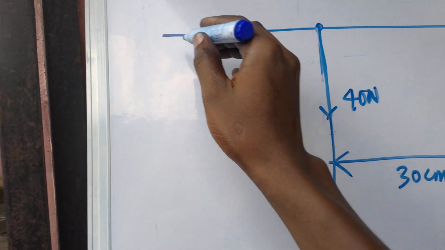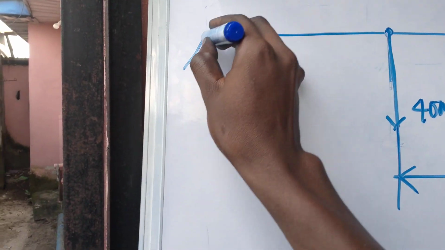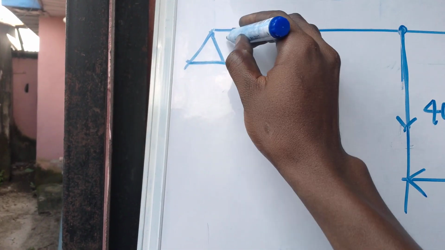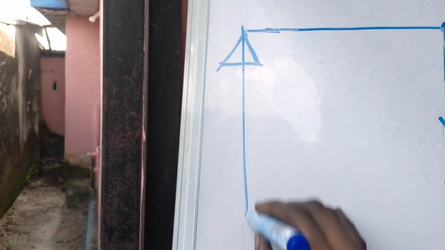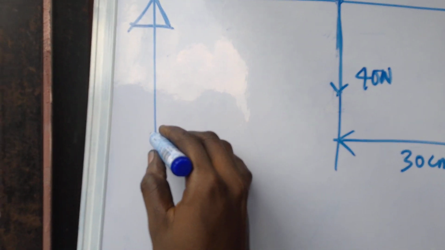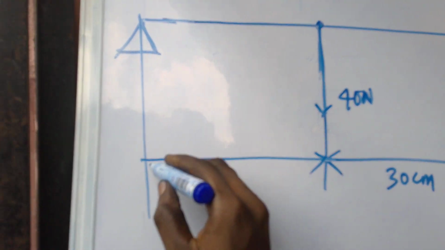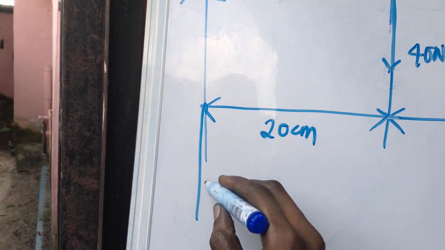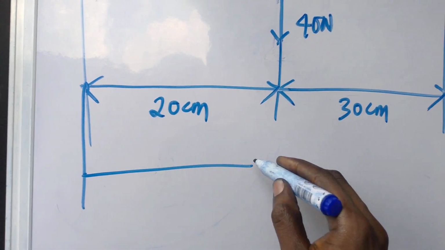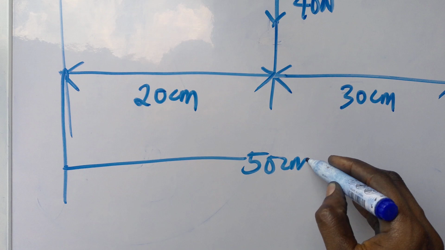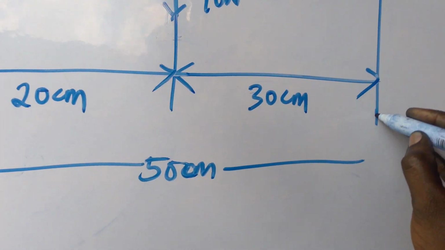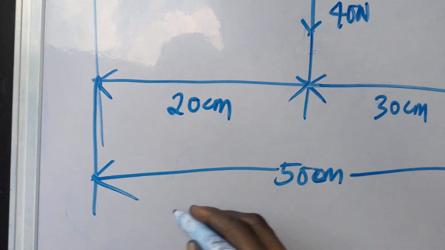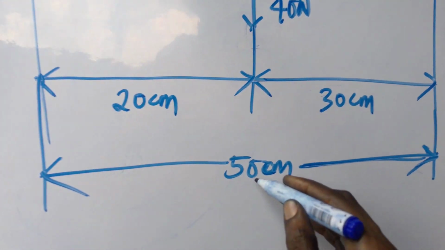And then this is the pivot, which is the balance point, and the distance from this pivot to this other point is 20 centimeter. It then means that the total distance from here to here will be 20 plus 30, which is 50 cm.